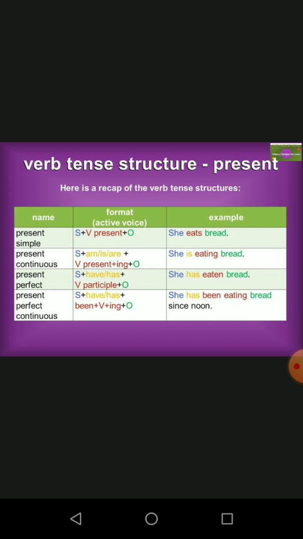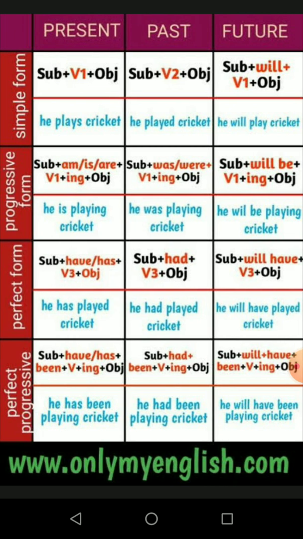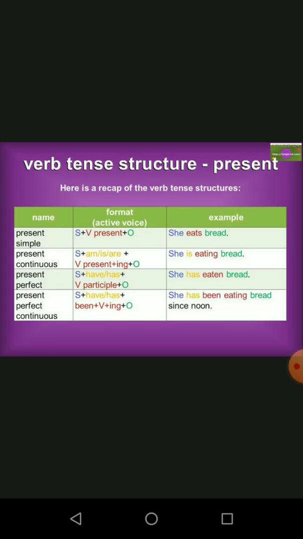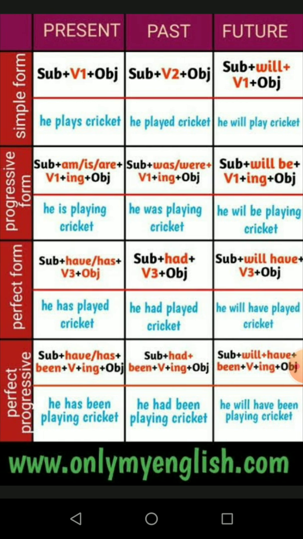Now you will find that in simple present form there are words where with the main verb s is used or es is used, or simply the present form is used. For example, as you can see over here, eats is written, so the main verb form is eat, and we have used eats over there. Here you can see he plays cricket, and sometimes we write I go to school, so there we don't use any s or es.